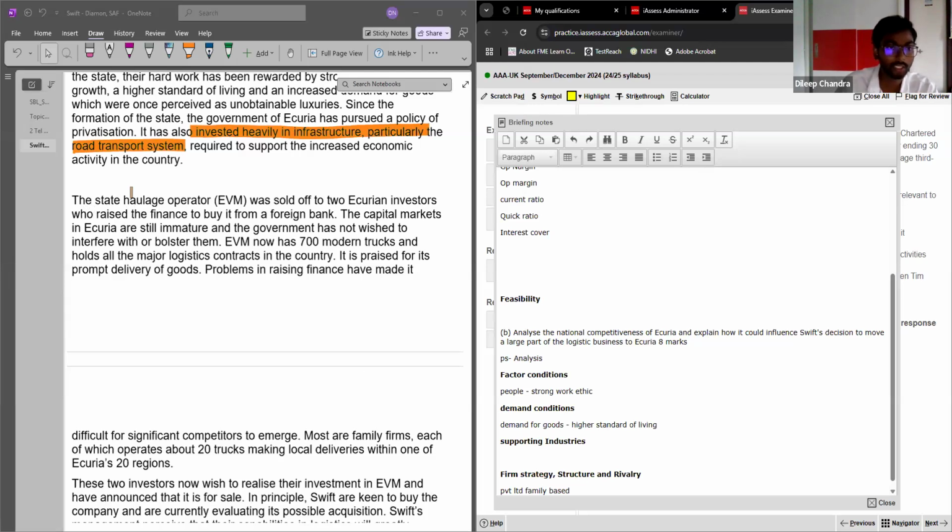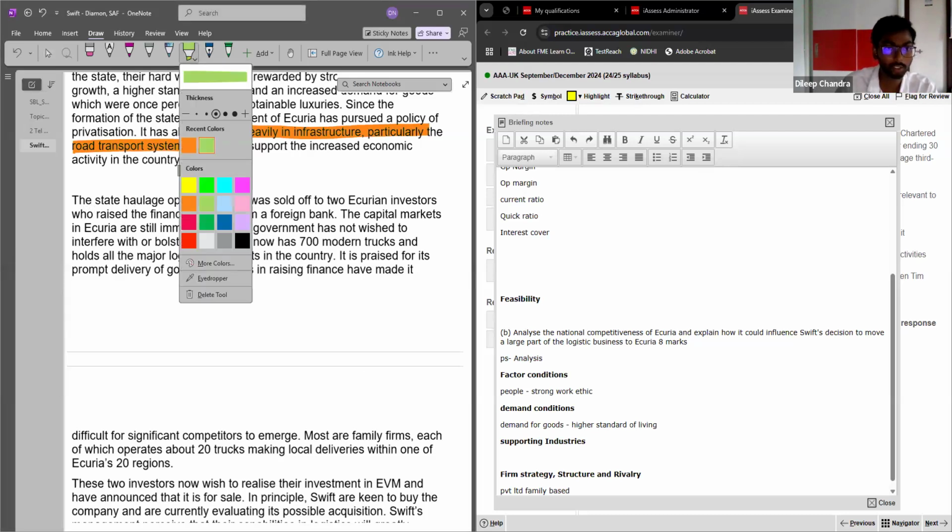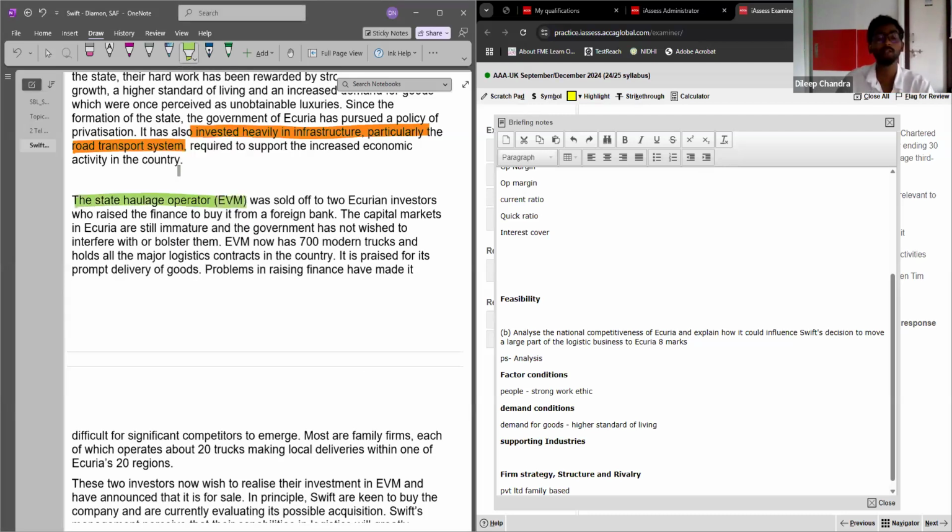Okay. The state haulage operator, EVM. Oh, so this is the name EVM. What is this EVM? The state haulage operator. The moment you see words like this, we can think it is a government entity. State haulage operator means maybe there is this government entity, this EVM.